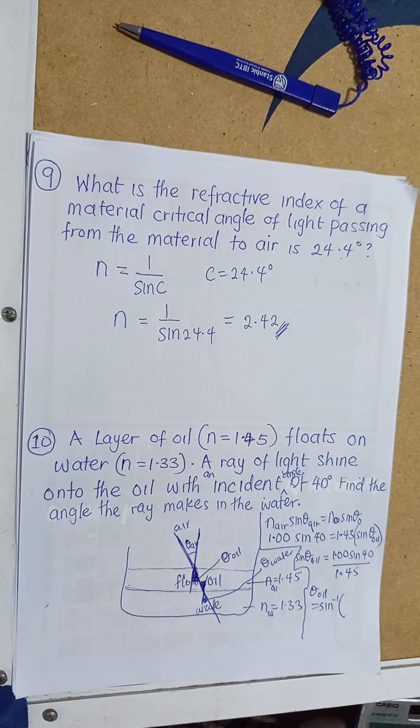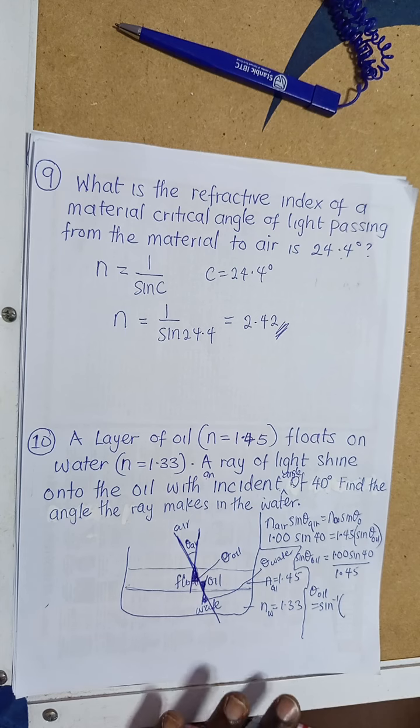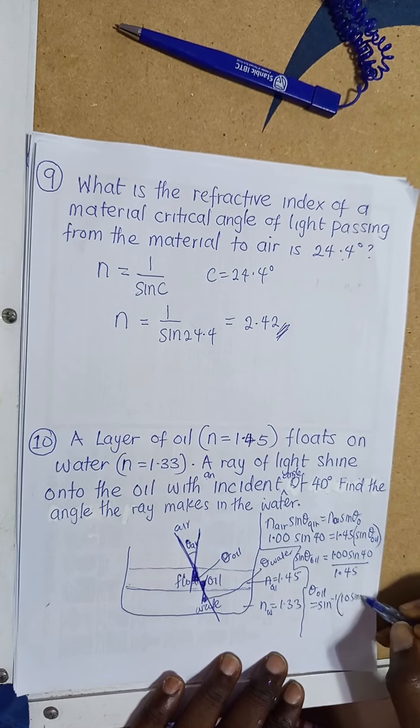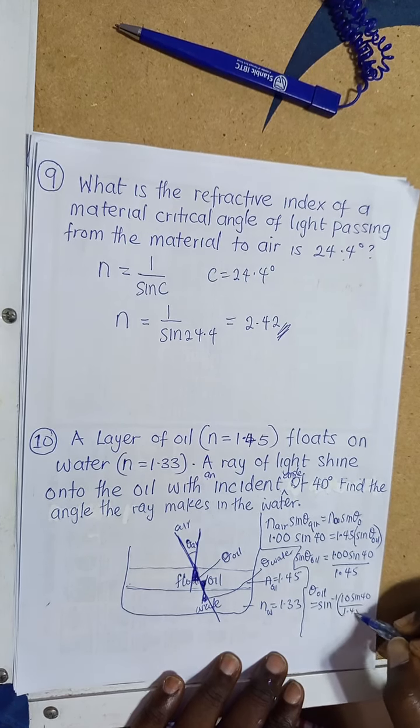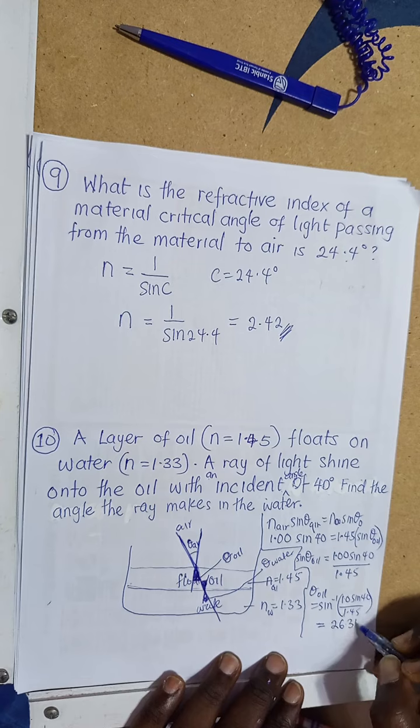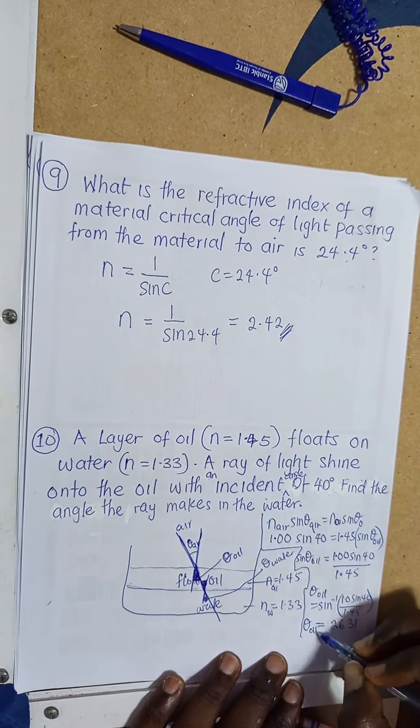So sine inverse of it will give us our final answer, which is 26.31. That is not our final answer. Sine 40 divided by 1.45, sine inverse. So that will give us 26.31. This is theta in oil.